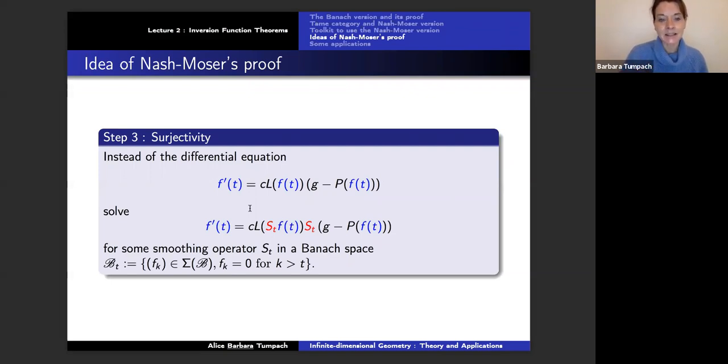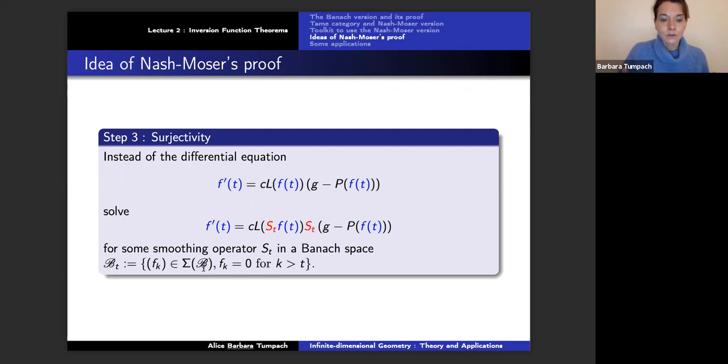By normalization, we were in this Banach space of exponentially decreasing sequences. So the Banach space will be: we put 0 for indices greater than t.